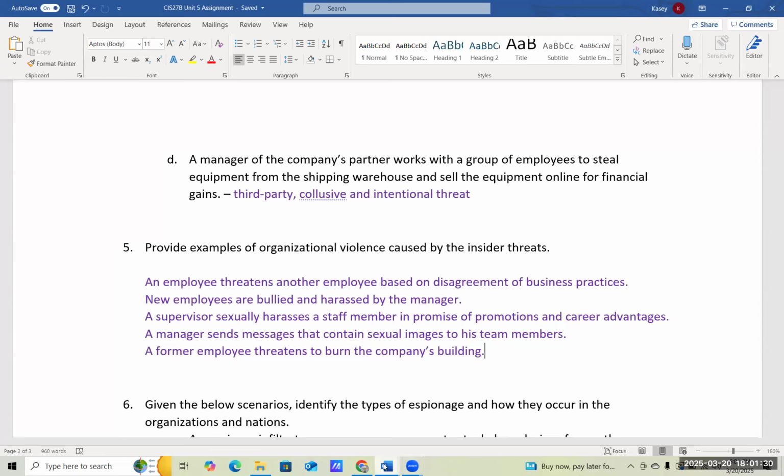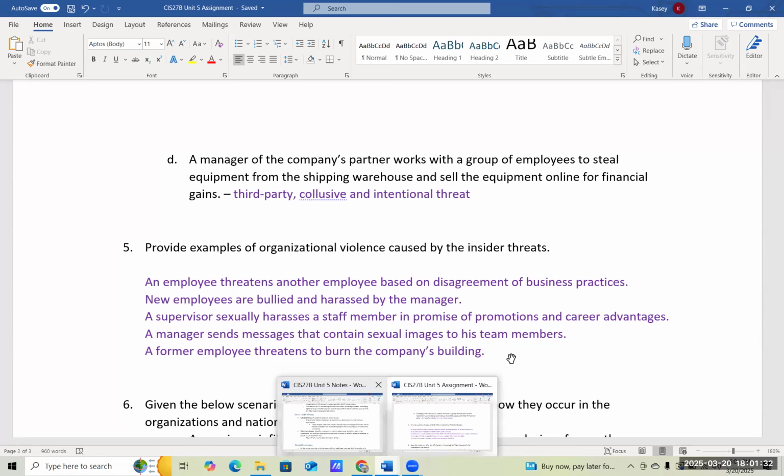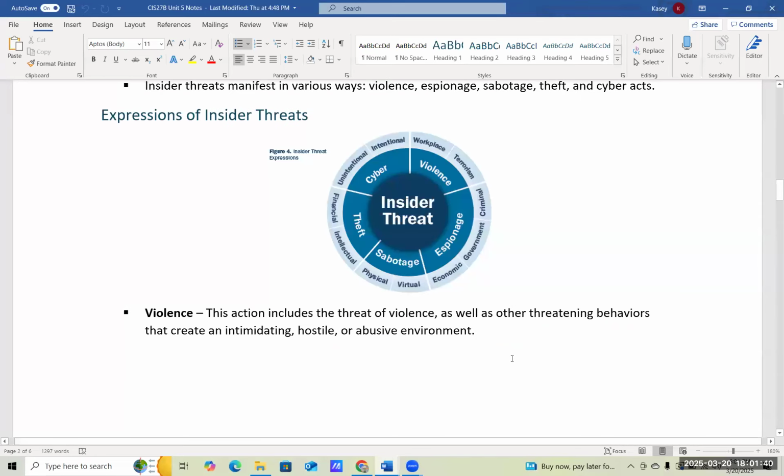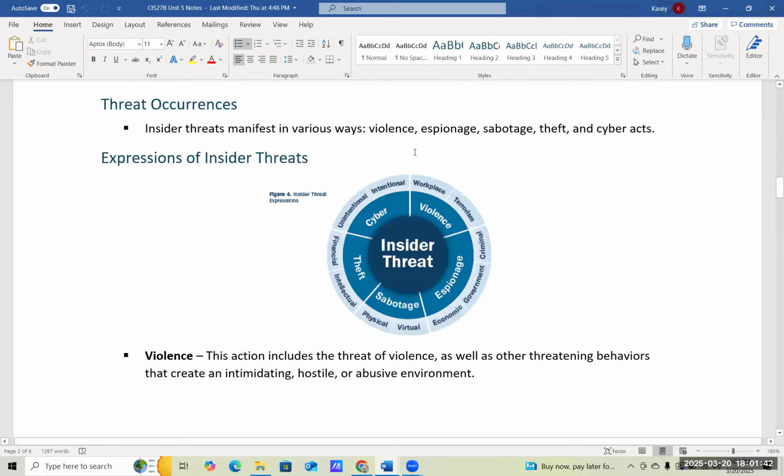Okay, so where can you find all of this information? In the next section, it talks about threat occurrences, okay: violence, espionage, sabotage, theft, and cyber acts. These are the manifestations of threats.